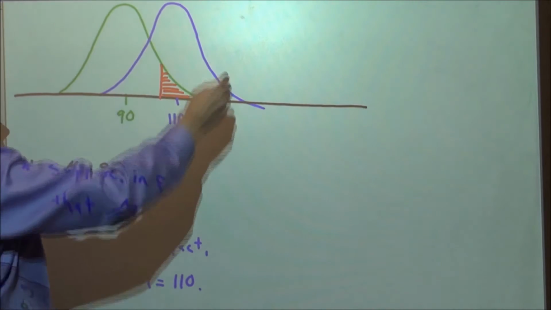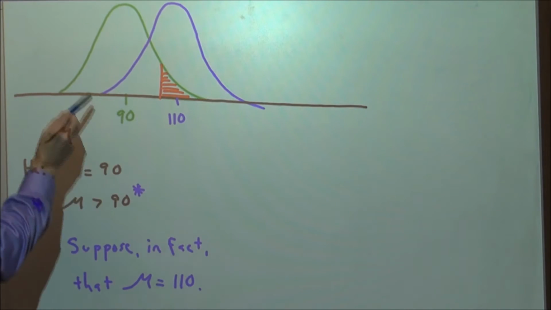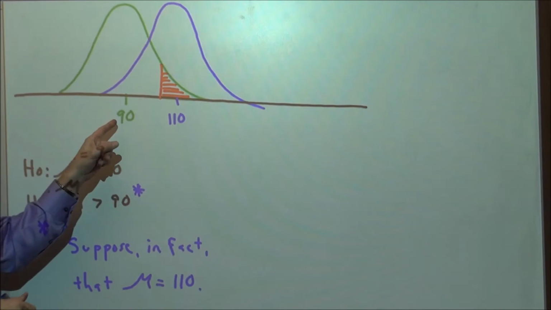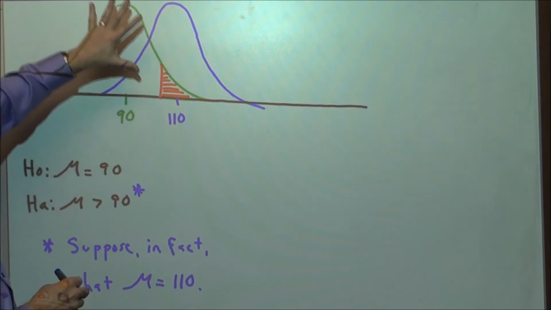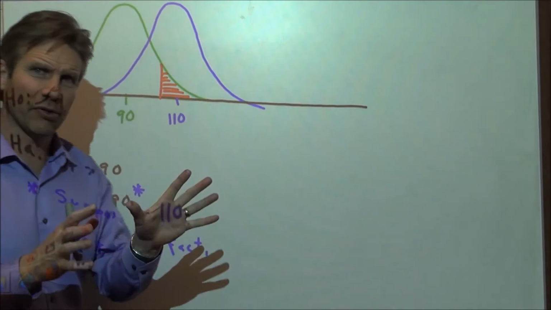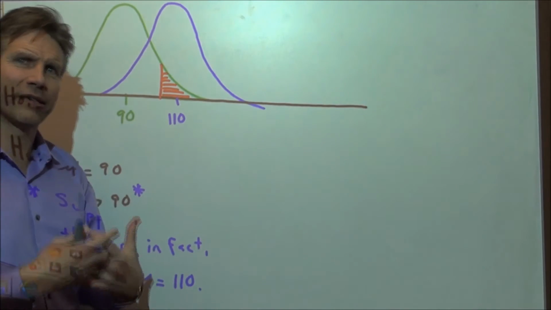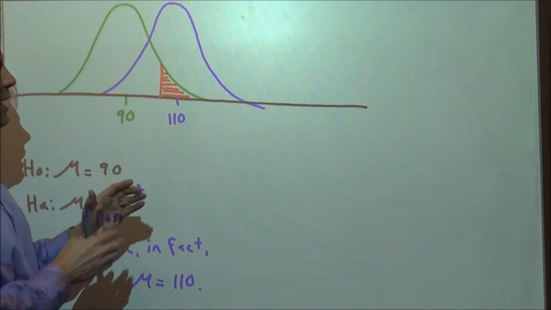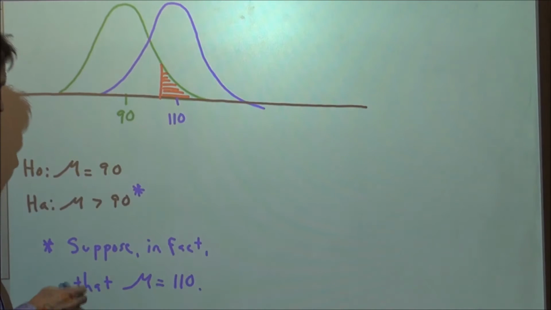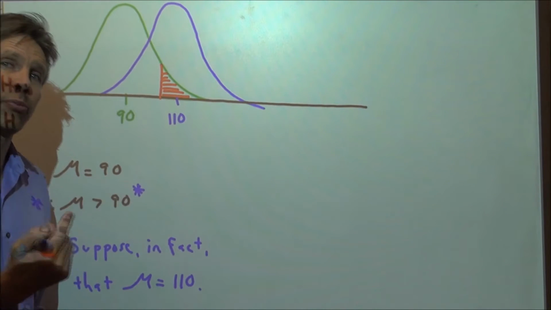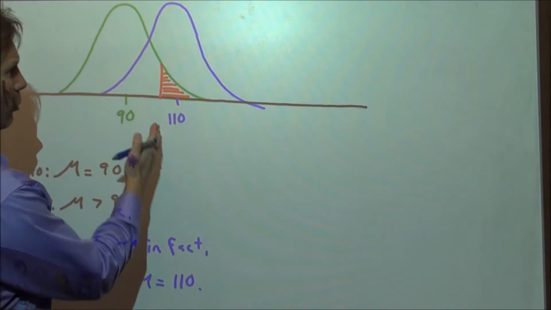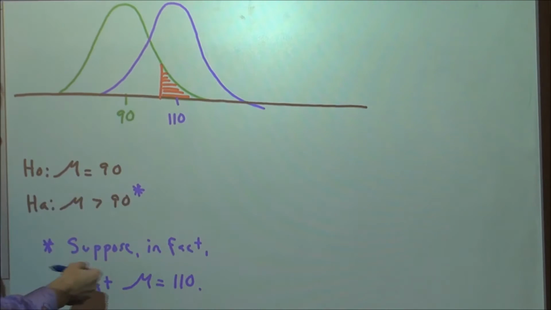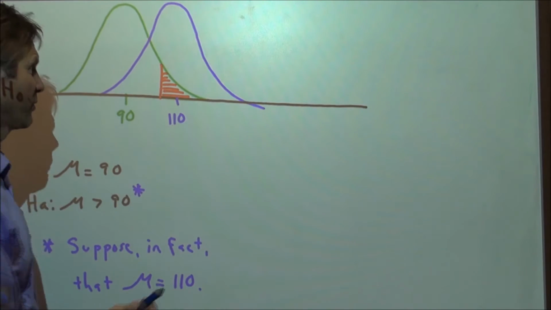So if we overlap these two sampling distributions, the green one would be the null, that the null is true. We're assuming that the mean is 90 seconds. So the green distribution is the sampling distribution we would use to run the test. The null would be assumed to be true. And this red shaded region then would be the critical region, that region above that 106.45 seconds where our sample mean would have to exceed that in order to be in the critical region and reject the null and go with the alternative.